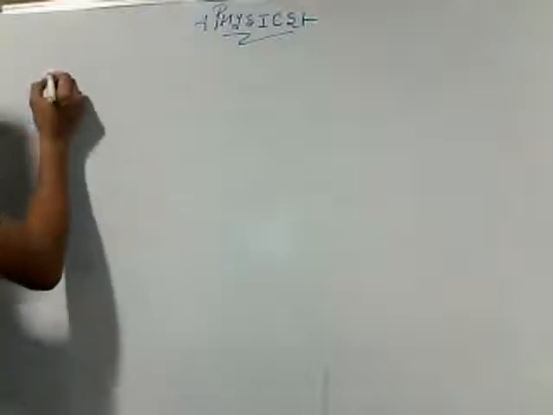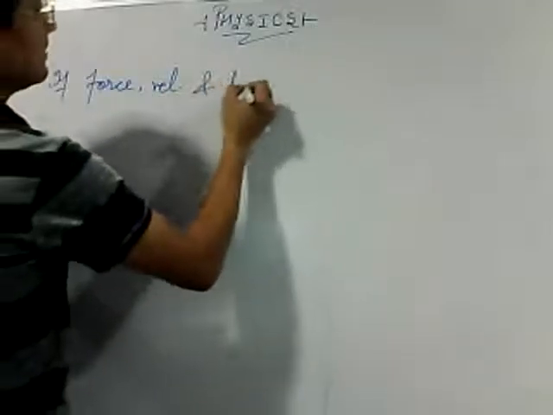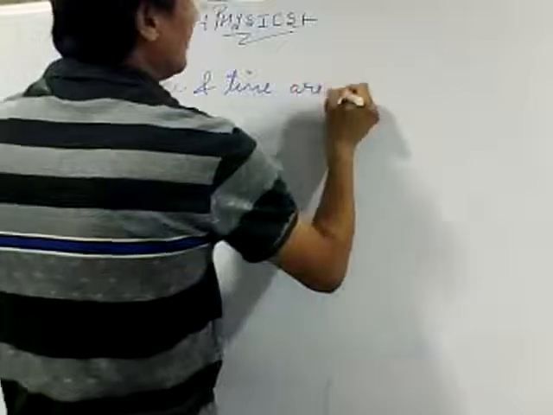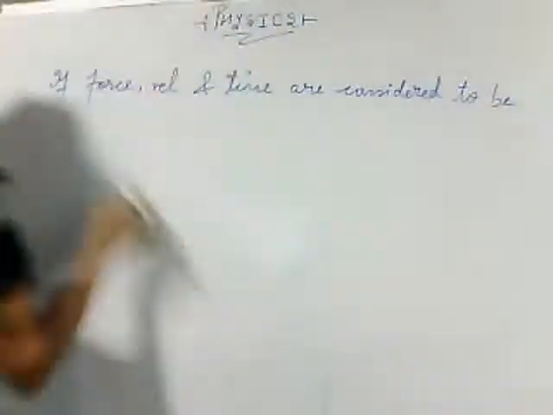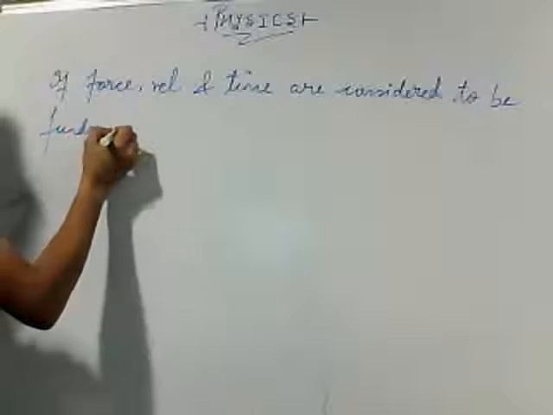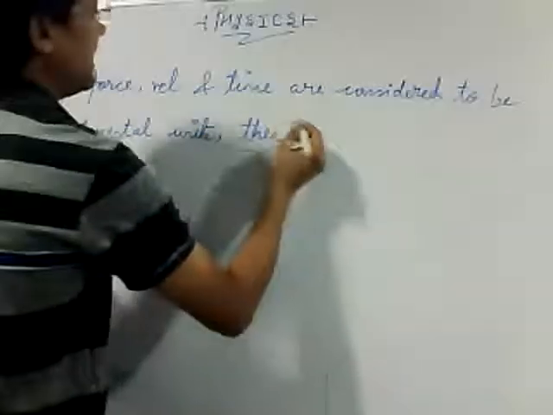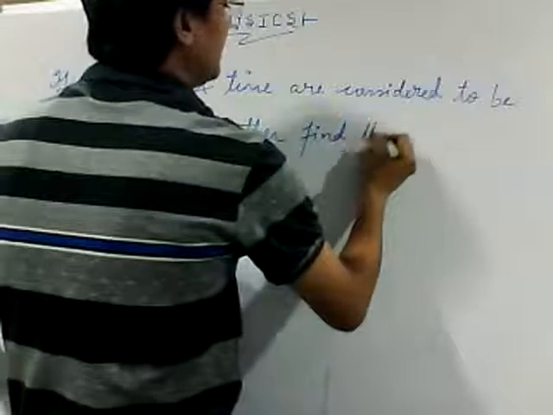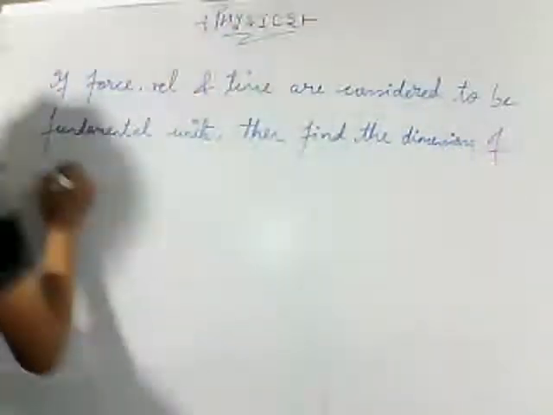Please write down: if force, velocity and time are considered to be fundamental units, then find the dimensions of mass.